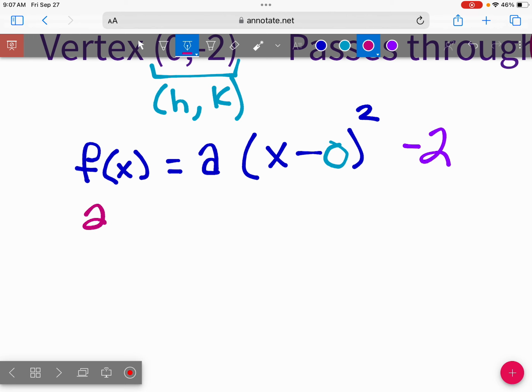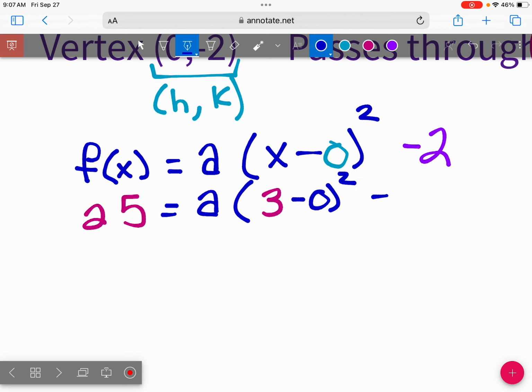My y is going to be that 25 that equals our a. We're going to have our x, which is 3 minus 0 squared minus 2. Substituting in our x and y. Now we can solve this for a.